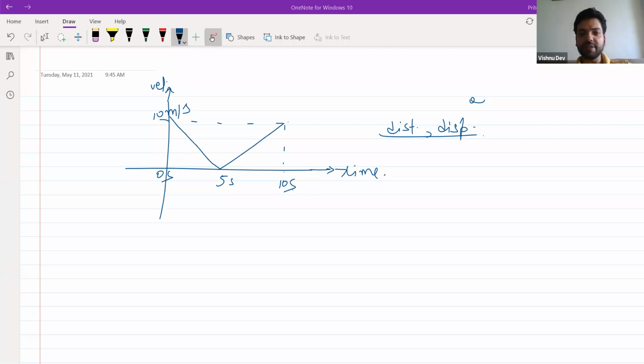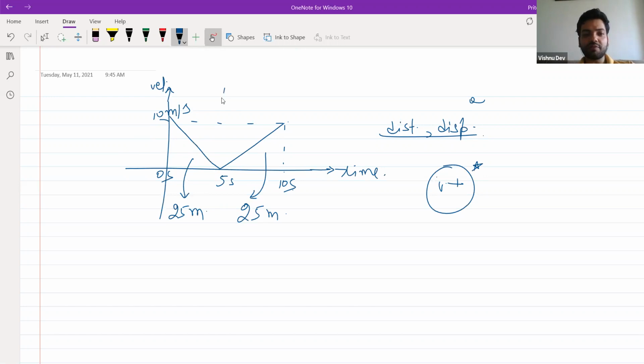Yes, it will be the same, because the object always has positive velocity. I'll mark this. Here this area will be 25 meters, and this will be 25 meters. You just follow half times base times height. Base is 5, height is 10, so you will get 25.